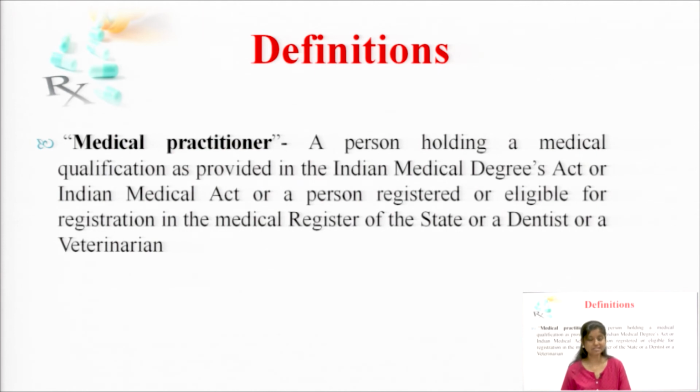And who are veterinarians? Veterinarians are the doctors of animals. If these three categories of people have done their qualification and want to get themselves registered, then they have to go to the Indian Medical Degree Act Council. Like the Pharmacy Council, there is the Indian Medical Degree Act which gives you a register to be written as medical practitioner.